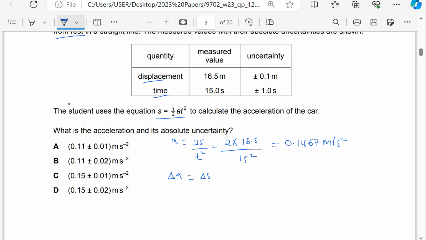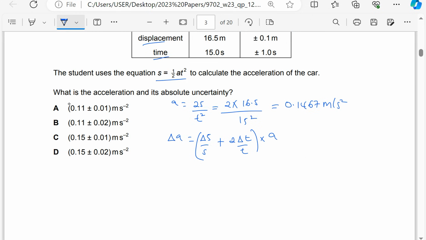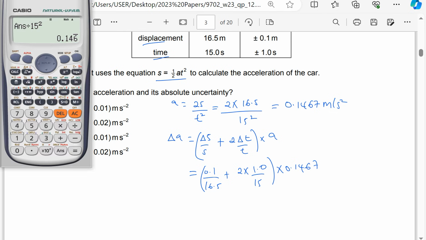Then I will find the absolute uncertainty, where we ignore the 2. It will be the absolute uncertainty in s over s plus, there is a power on t, so it becomes twice the absolute uncertainty in t over t. Then I will multiply this by the value of the acceleration. So this will be 0.1 divided by 16.5 plus 2 times 1.0 divided by 15, then multiply this by 0.1467.